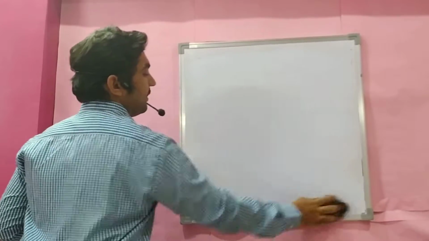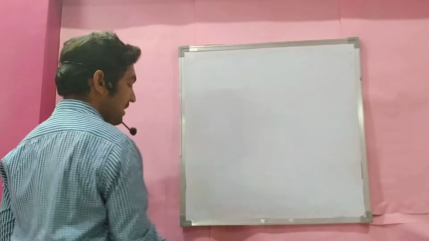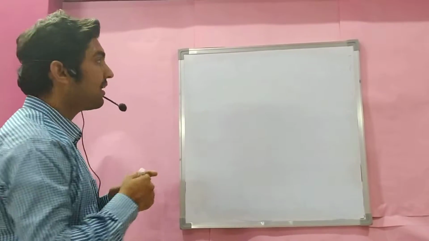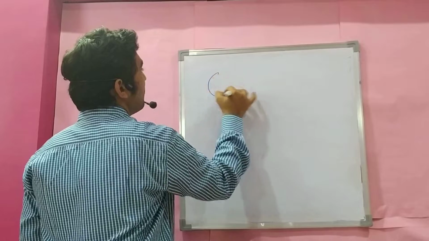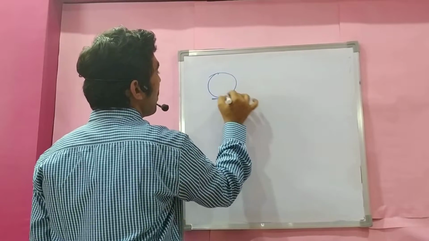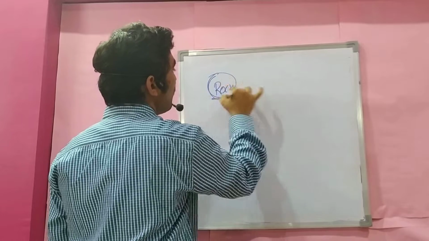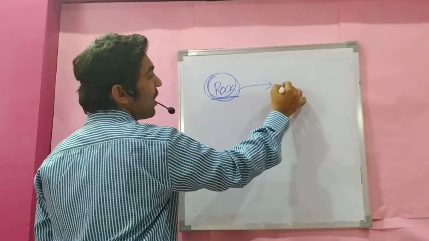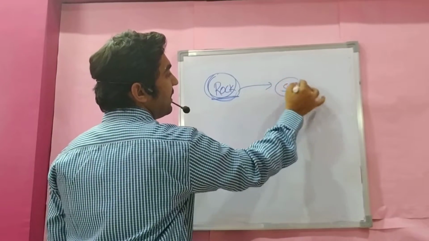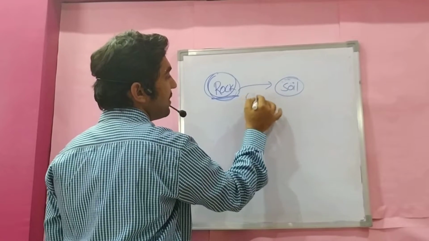Now, we have seen from the earlier lectures that a soil particle is formed from the deposition of the rock due to decomposition of the rock. The rock will undergo decomposition and soil particles are formed, and soil particles are deposited at one place.